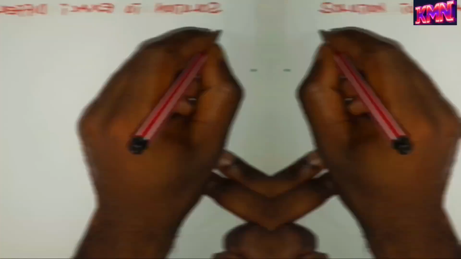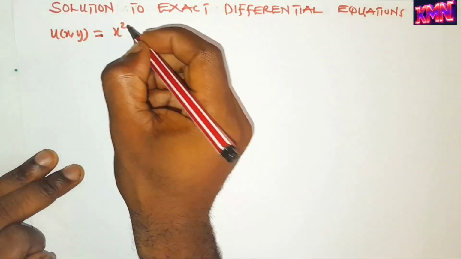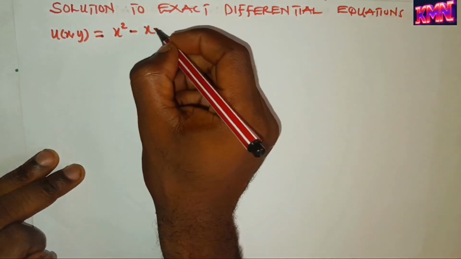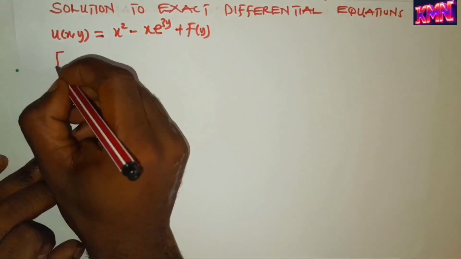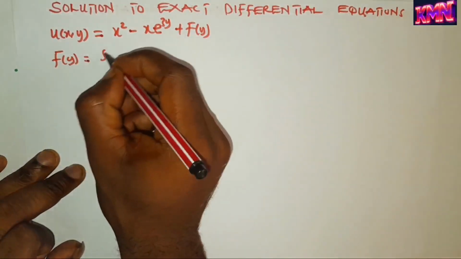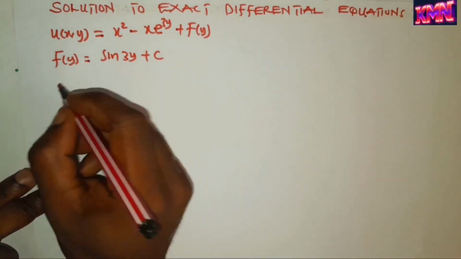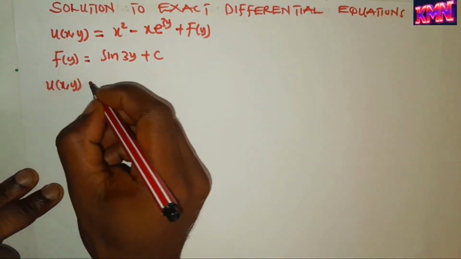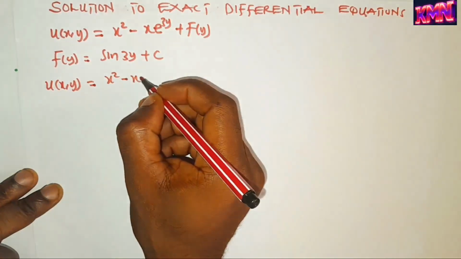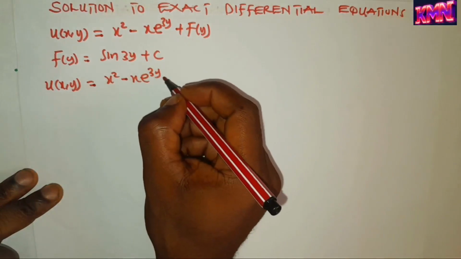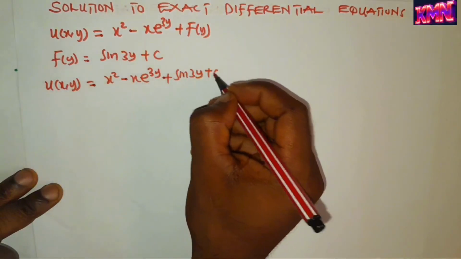We had u(x,y) equals x squared over 2 minus x e power 3y plus f(y). I have gotten f(y) to be sine 3y plus c. Substituting, u(x,y) equals x squared over 2 minus x e power 3y plus sine 3y plus c.